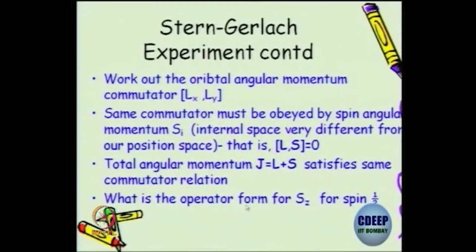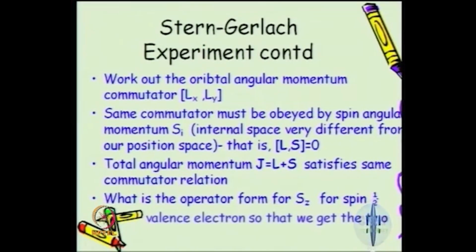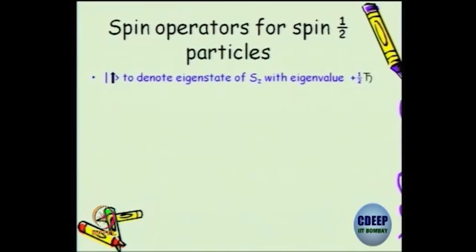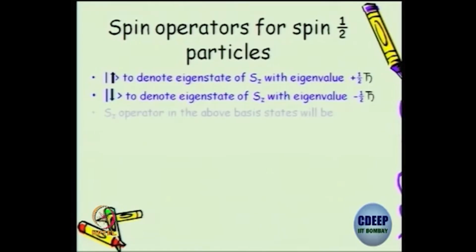So what is the operator form for Sz for spin half is the question. Just look at only the valence electron, so that we get two states with eigenvalues Sz equal to plus half h cross and Sz equal to minus half h cross. We denote symbolically as an up spin the eigenstate of Sz with eigenvalue plus half h cross, and similarly down to denote the eigenstate with eigenvalue minus half h cross.